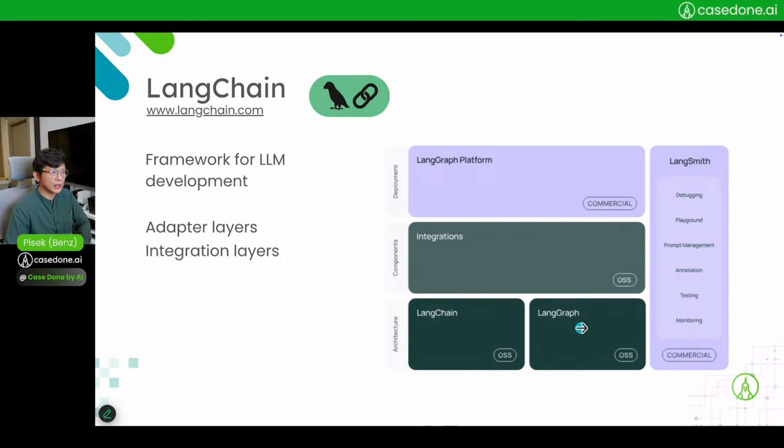LangGraph allows you to create agents. We are not going to talk about agents today. I will have a dedicated session to talk about building agent applications, but everything is based on a solid understanding of LangChain and LangGraph. They also came up with production-grade tools like LangSmith, which allows you to monitor and test.